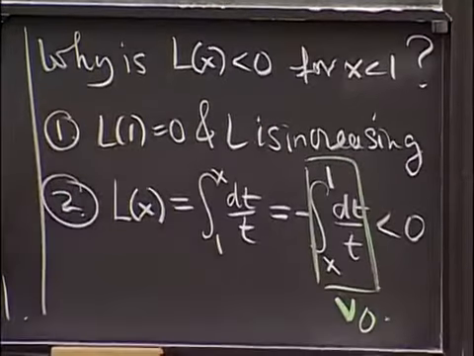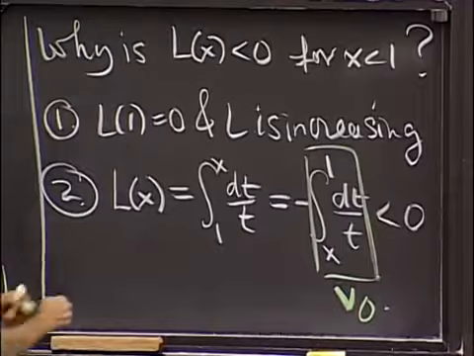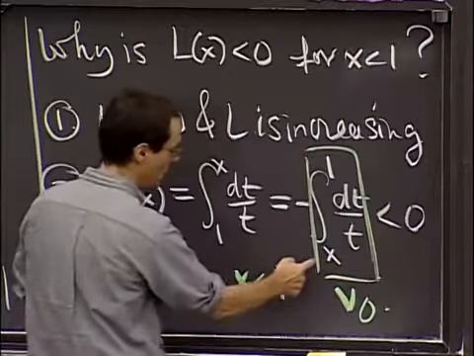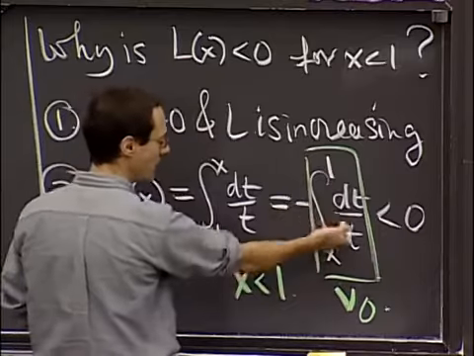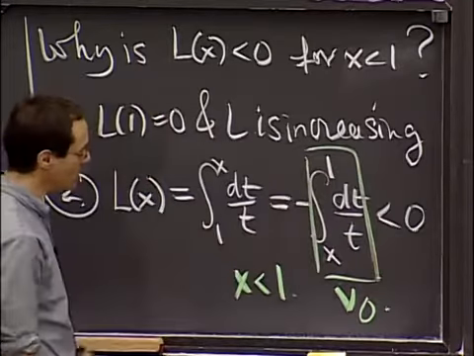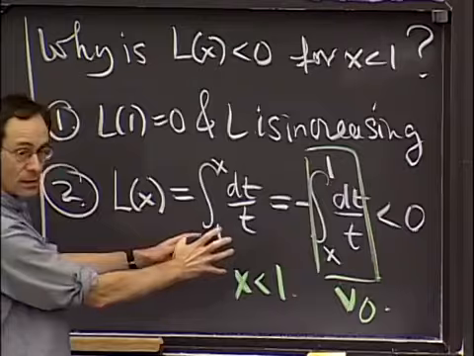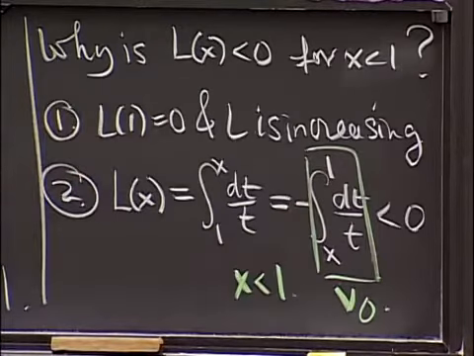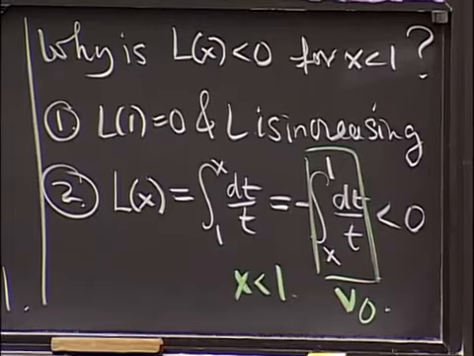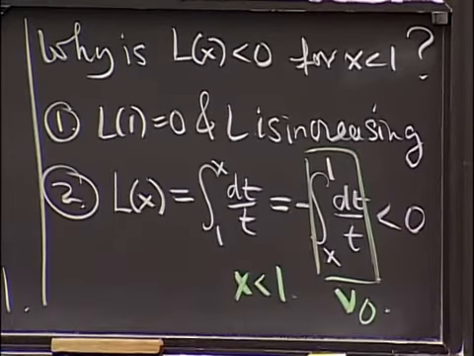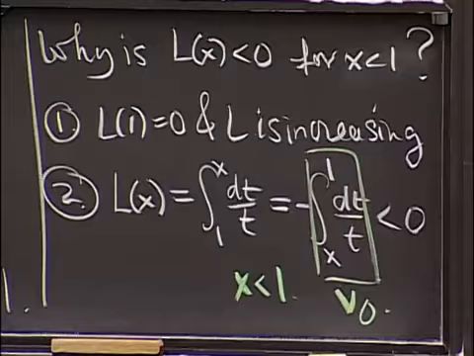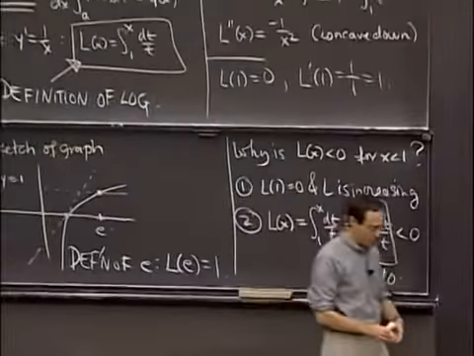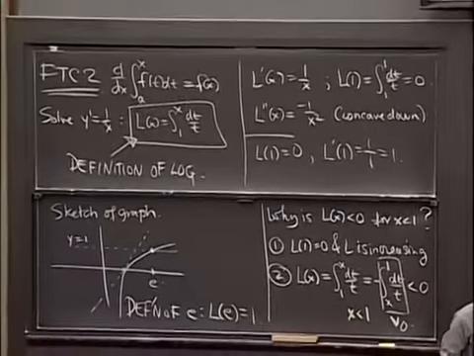This part is positive because x is less than 1. So the lower limit is less than the upper limit, and so the integral is interpreted as an area. It's an area, and so minus a positive quantity is negative. All right, so both of these work perfectly well as interpretations, and it's just to illustrate what we can do.